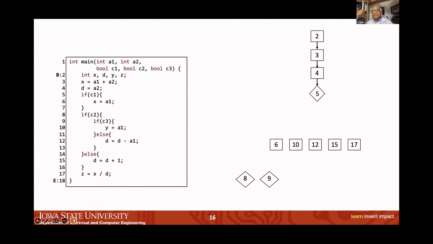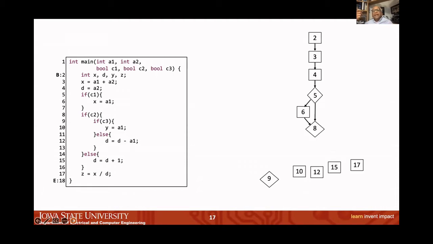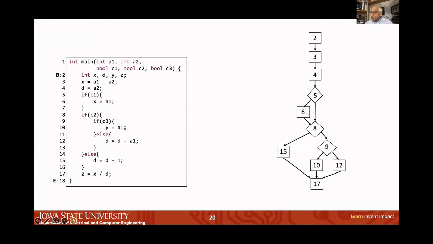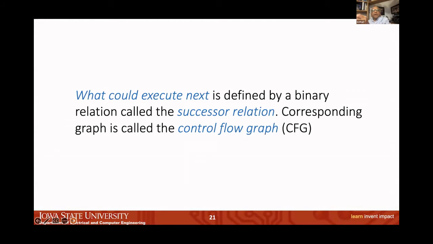We can think of this as a binary relation, and it's called the successor relation. And we can view it as a graph. Here we'll construct the graph for this successor relation, and this graph is called the control flow graph. So what would execute next is defined by a binary relation called the successor relation, and its graph is called the control flow graph.